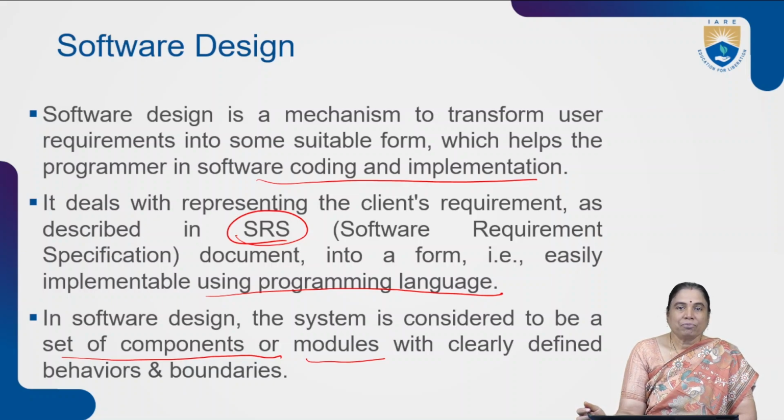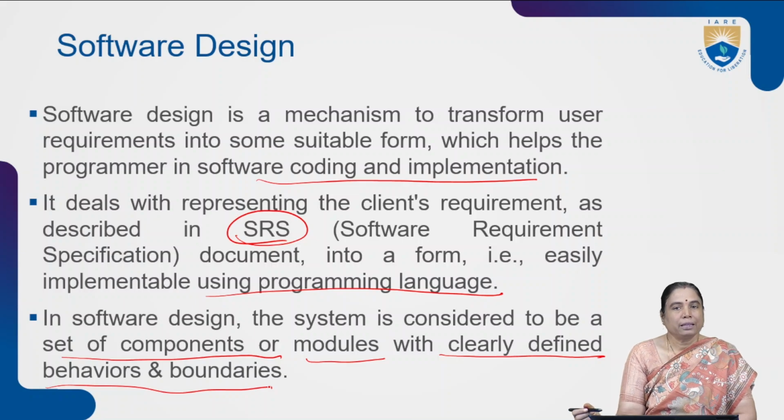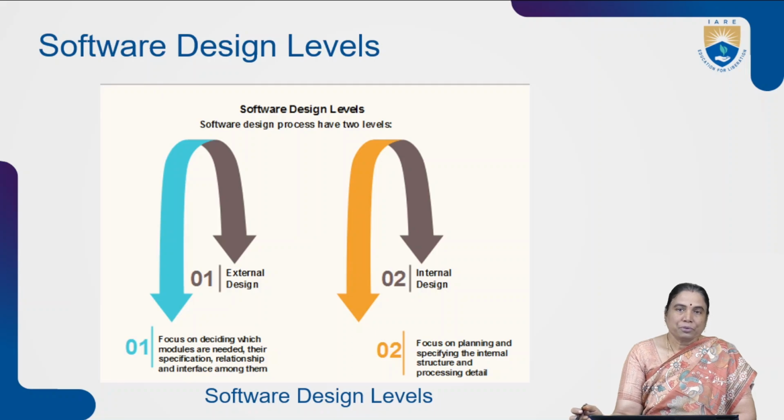The structure of these modules and how they are related to each other to provide the intended functionality is clearly defined, with the behavior and boundaries, in the software design. Generally, two levels of design must be there: one is the external design level, the second is the internal design level.